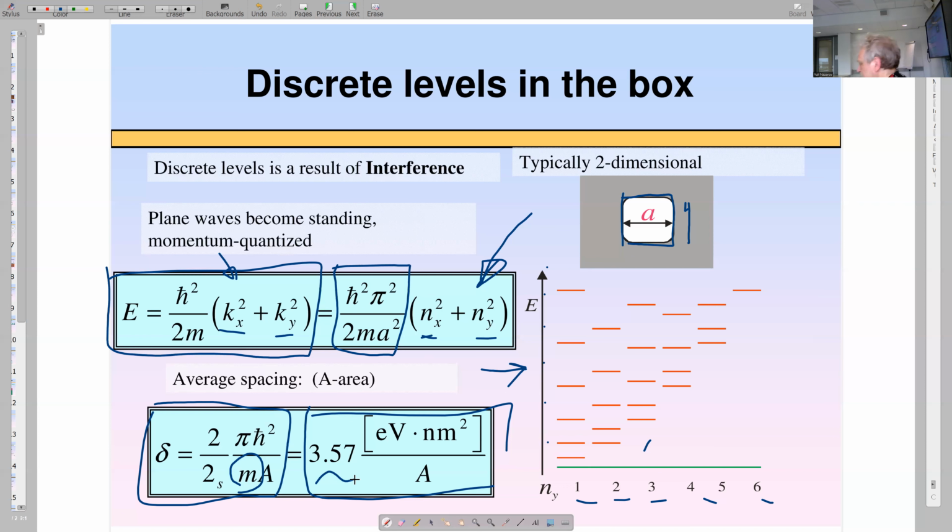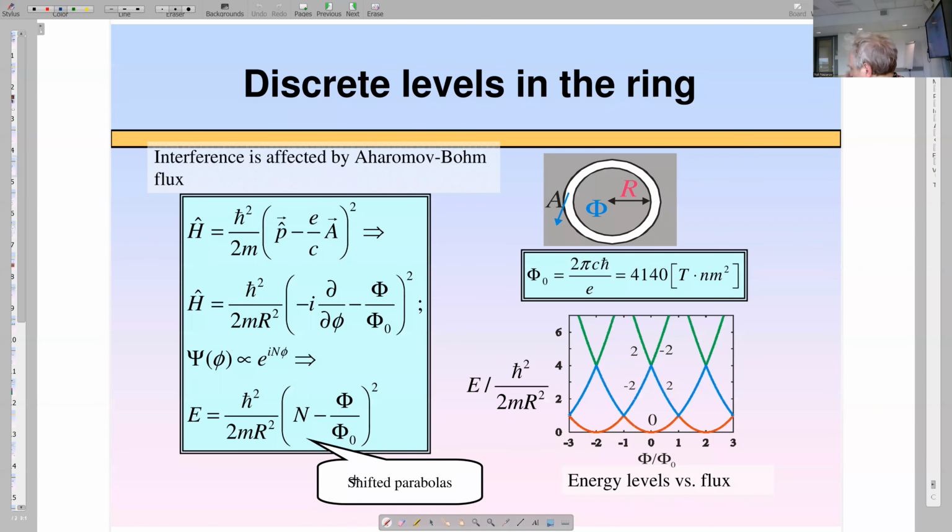Good. No questions? Let us consider one simpler situation. Let's imagine that we can make a quantum dot in the shape of a ring. So in this figure, white is the place for electrons, which are again confined by impenetrable walls.